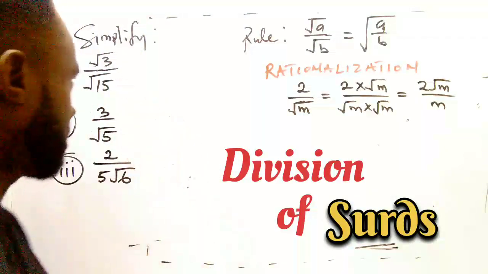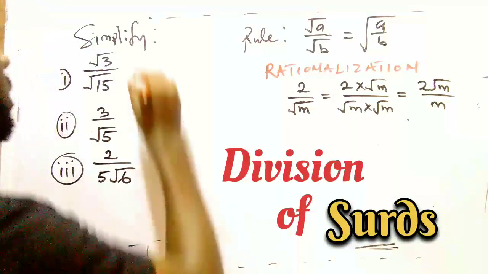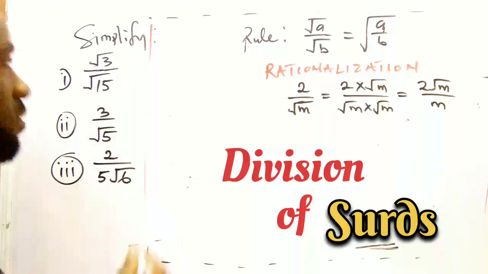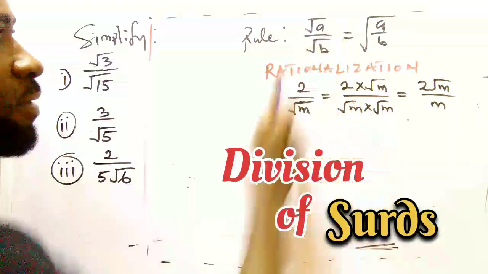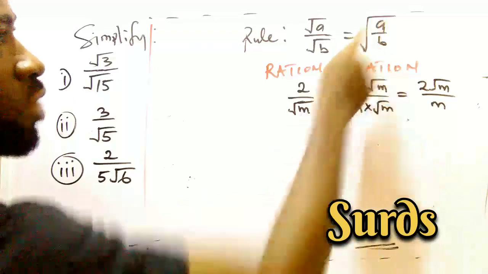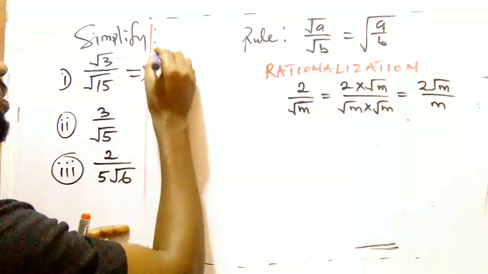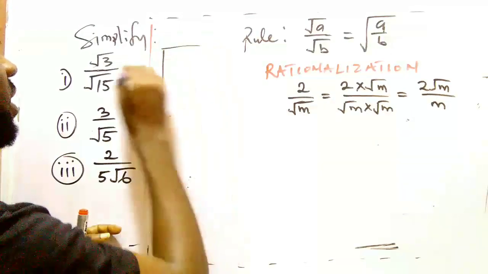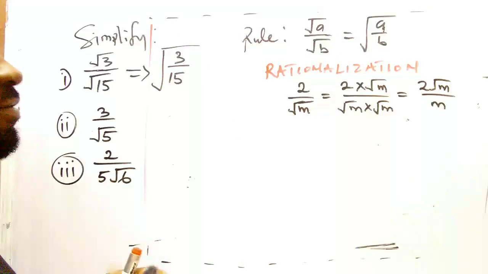The first example says simplify root 3 over root 15. Now you can see that this is in this form, so I'm simply going to apply the rule. So the rule simply says we should do what? We should put them together in one radical, so the numbers inside will be dividing themselves.